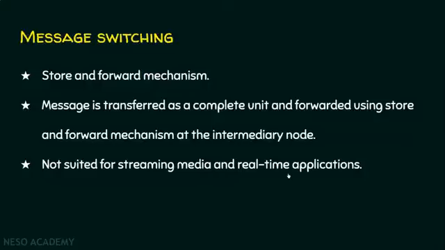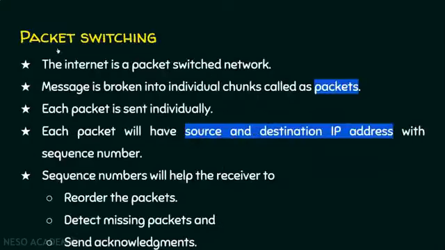Now we will move on to the third switching technique, that is packet switching. Packet switching. The internet is a packet switched network. Here, the message is broken into individual chunks and each of these chunks is called a packet. This is like our message switching, where the message is broken into individual chunks called packets.